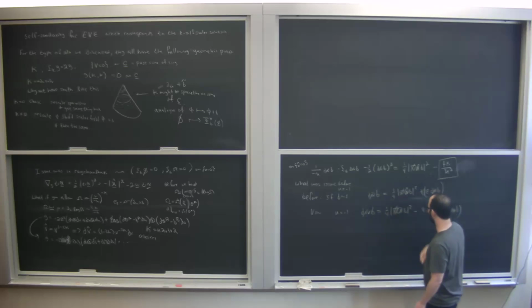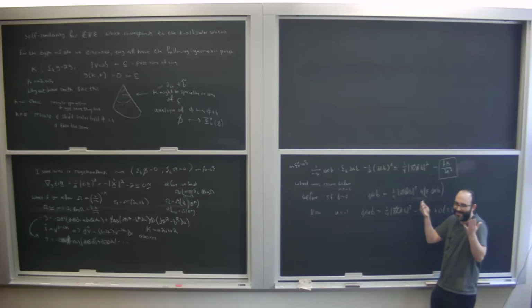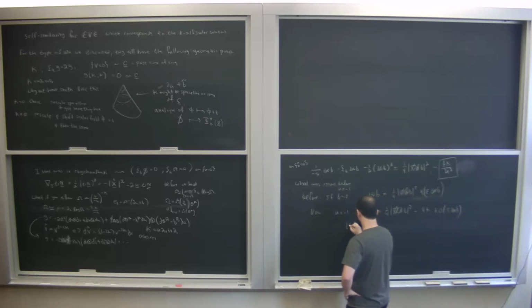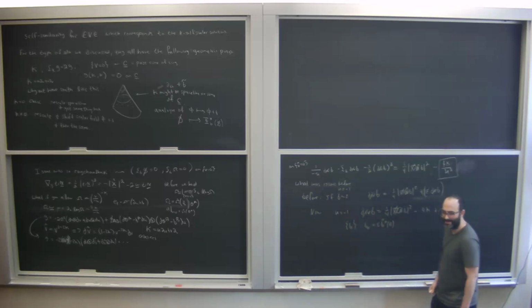Before, that didn't seem to work, but now you imagine an iteration process. At the first stage, you pick some seed, some guess for b, but it's not trivial. You make this equal to epsilon times some fixed vector field that you start with.